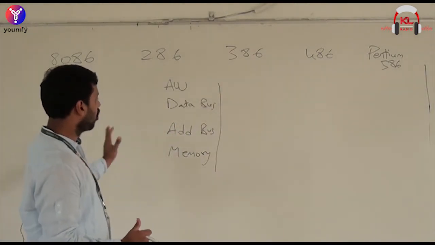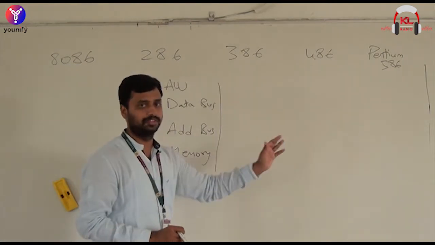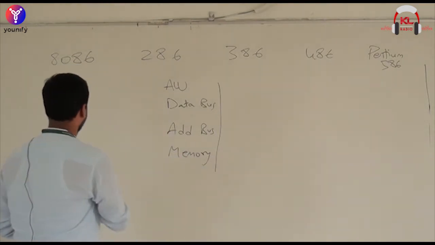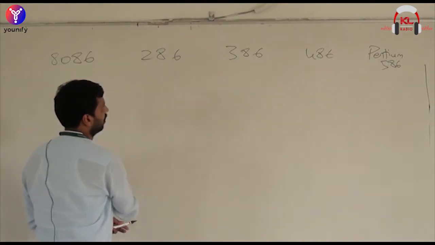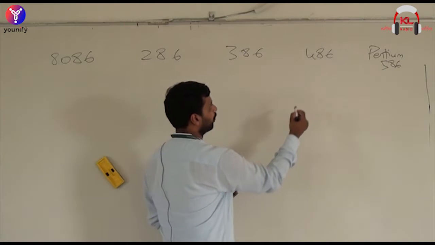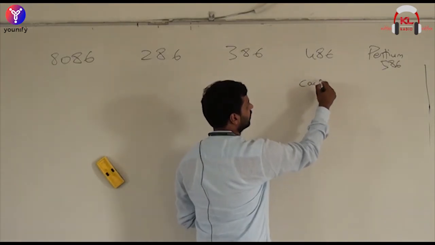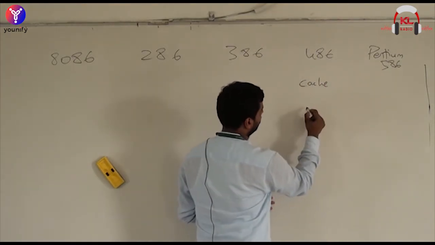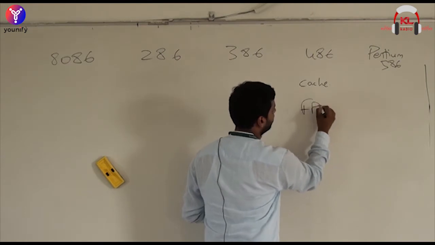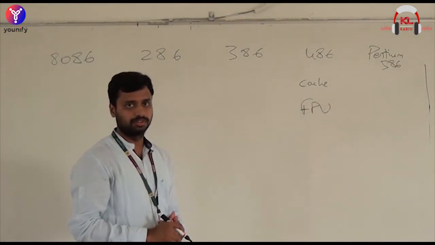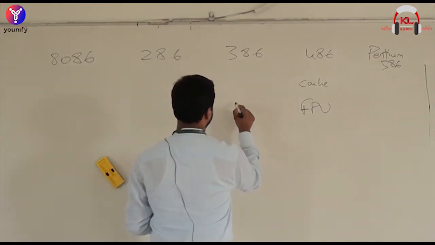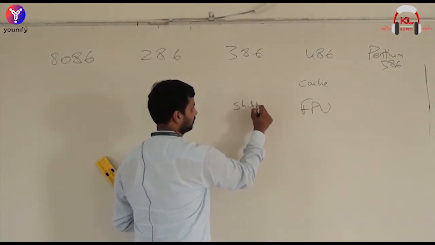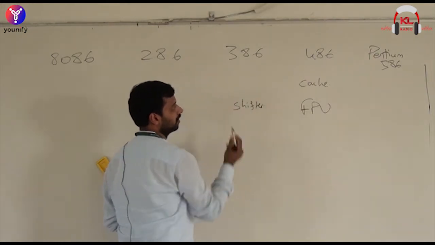And apart from the common set of features, there will be additional features that come with each and every processor. So there is nothing much detail that we can discuss about 486. In 486 we have a cache and we have a floating point unit inbuilt, so floating point operations are inbuilt for this processor. 386 similarly has a barrel shifter and has 3 modes.